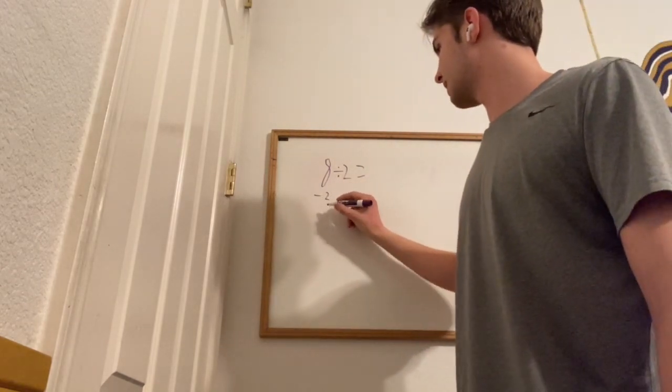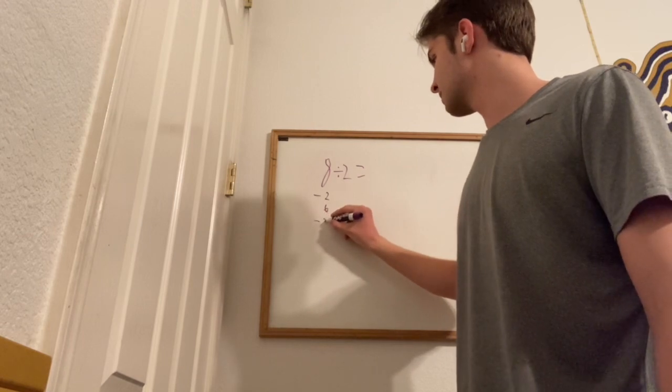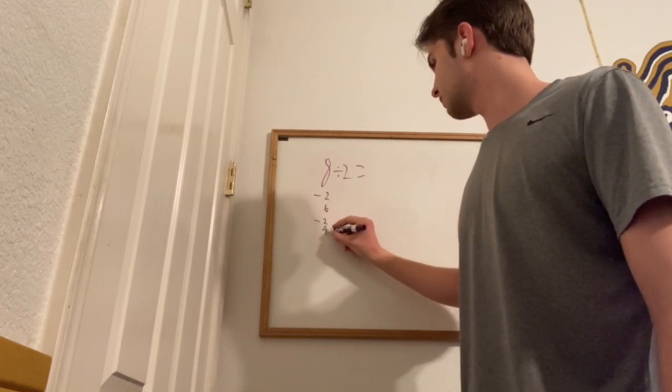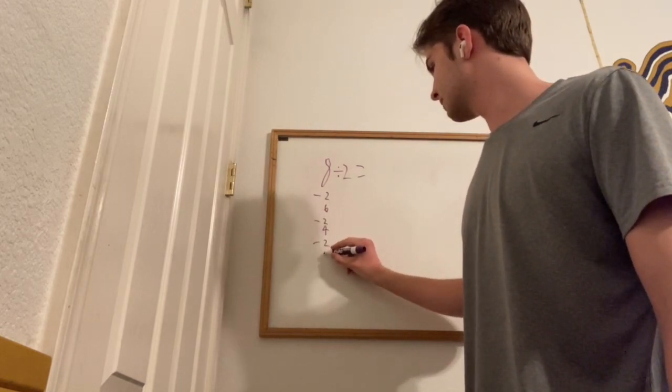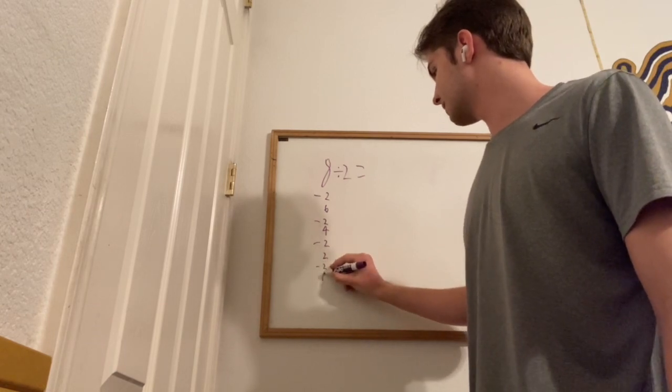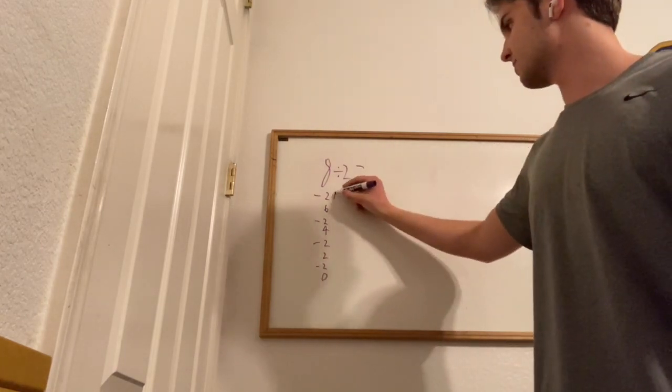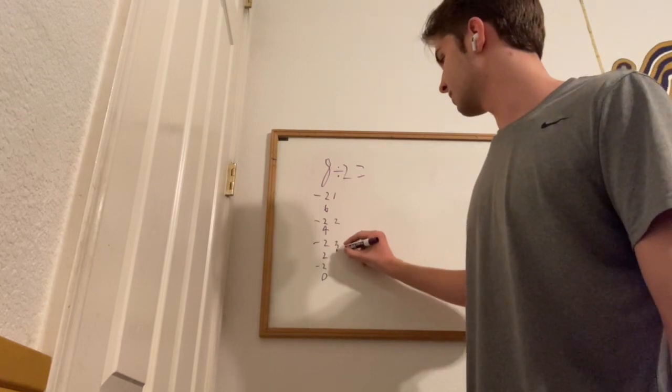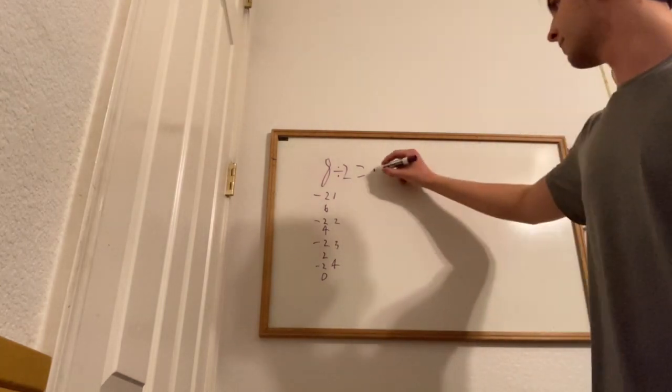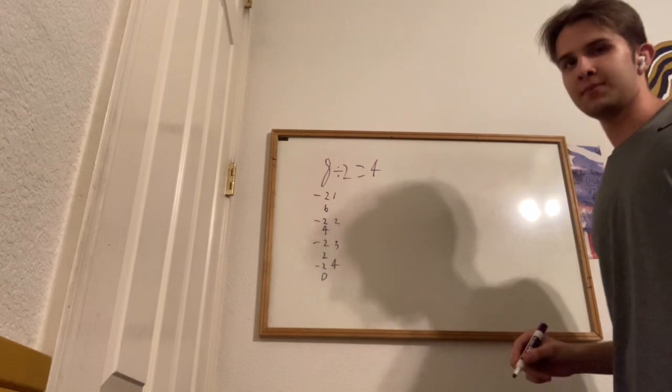So minus 2 once will give you 6, again 4, again 2, again 0, and you can count the amount of times you subtracted. 1, 2, 3, 4. So 8 divided by 2 equals 4.